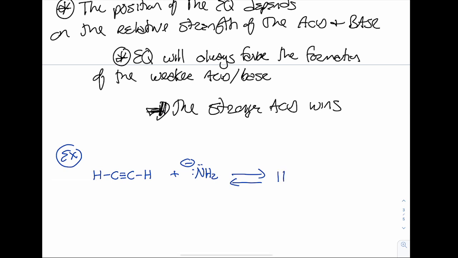And we end up producing my conjugate base plus my conjugate acid. Right, so this was my acid. If we compare the before and after, that's the one that donated the proton. My base, my conjugate base, and my conjugate acid.